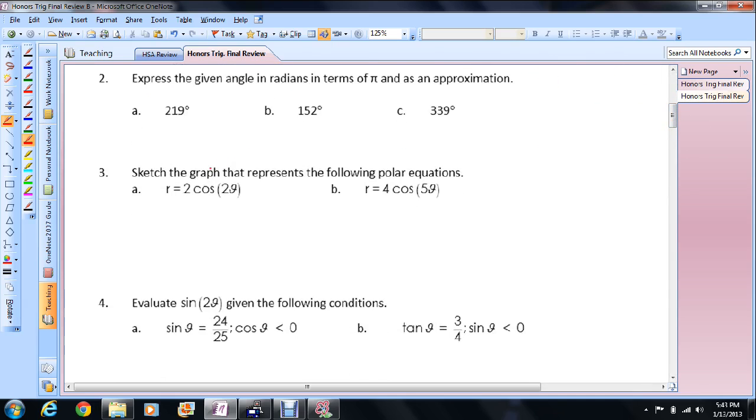Number 2, express the given angle in radians in terms of pi and as an approximation. So I basically want the calculator value as well as the exact value to give you a little bit of practice with that. So when we go from degrees to radians, we want to multiply our degree measure, I'll just call that x, so x degrees, by pi over 180.